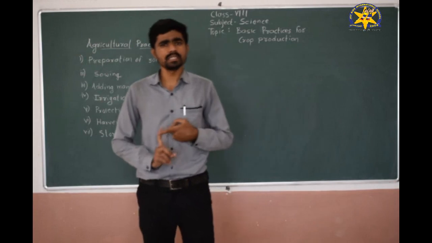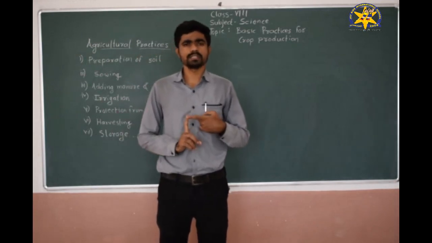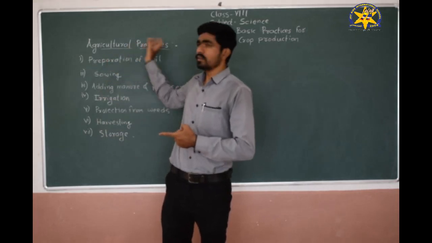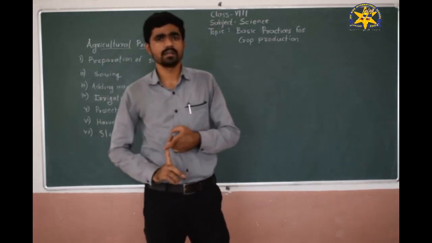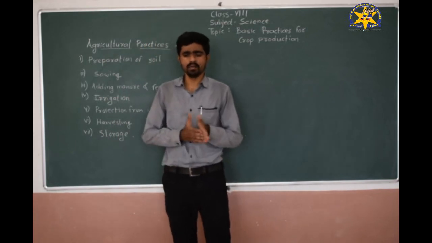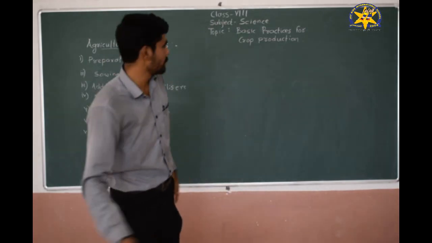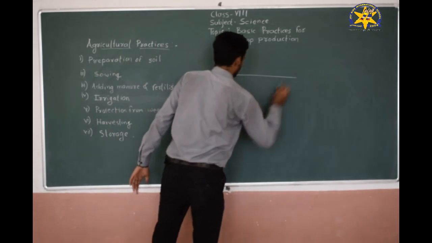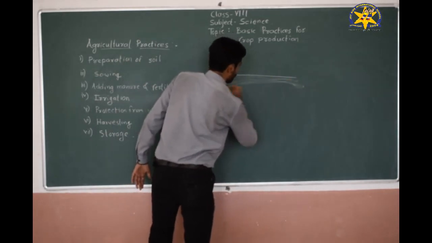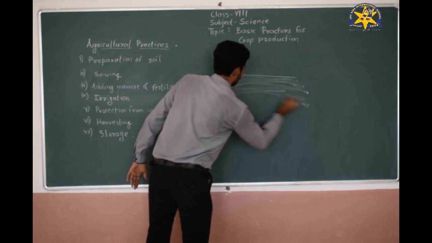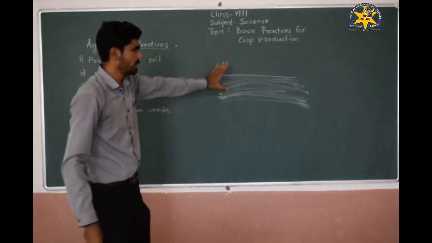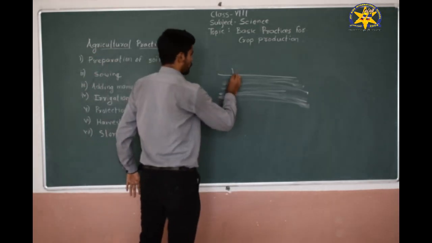Turning and loosening the soil is the most important step in agricultural practices, in the agricultural activities. What is meant by turning and loosening the soil? For example, this is a piece of soil and there is a crop grown here.